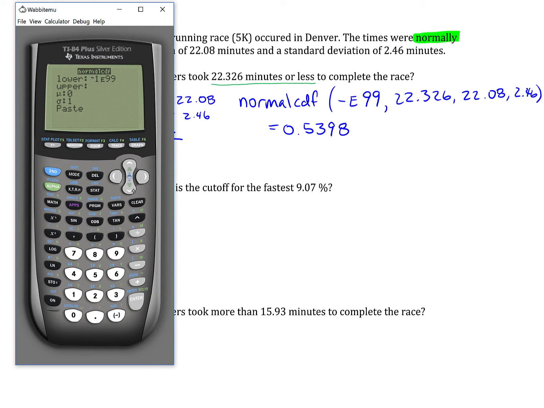And here it just allows you to type those values in as you see them. You don't have to put commas here, as the calculator will insert those for you after you hit paste. It just takes those numbers and puts them right into Normalcdf for you. So either way, you'll get the same answer.